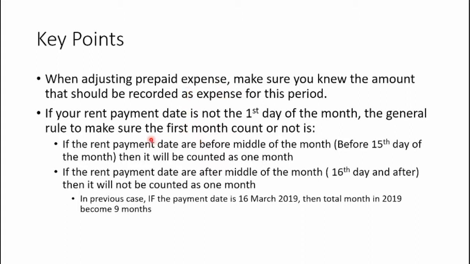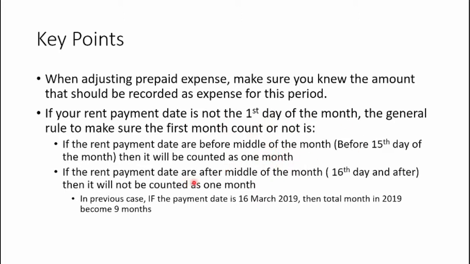And regarding the date of prepaid expense, let's say if your rent payment date is not the first day of the month, the general rule to make sure the first month counts or not is if the rent payment date is before the middle of the month, or before the 15th day of the month, then it will be counted as one full month, just like what we did earlier. So if it's, let's say, March 14, then March will be counted as one full month.